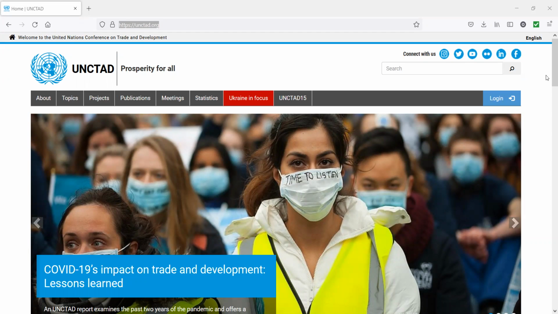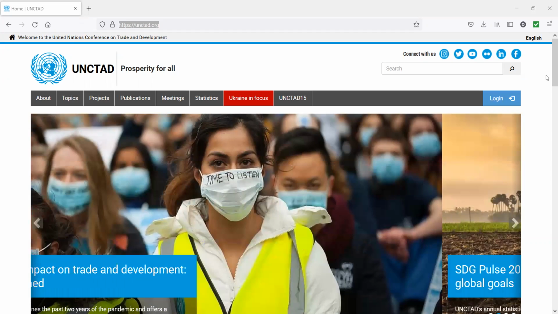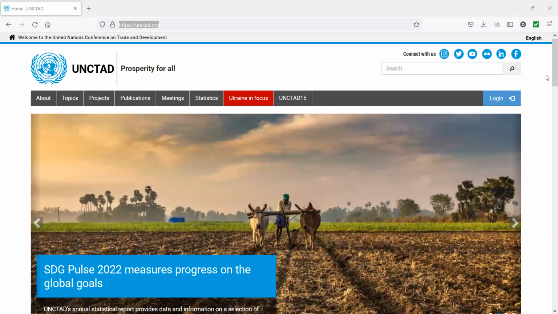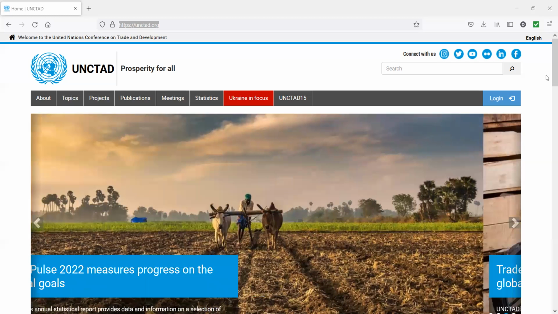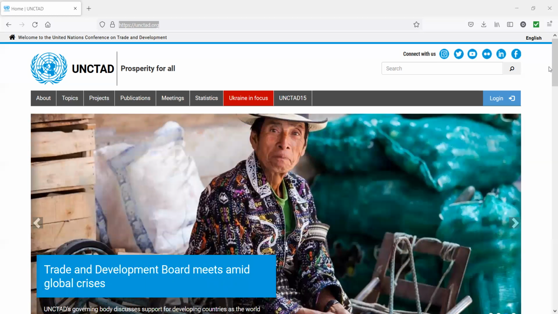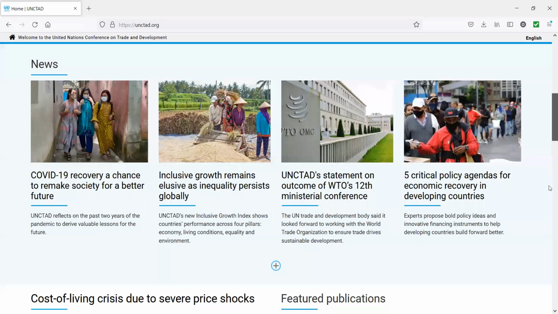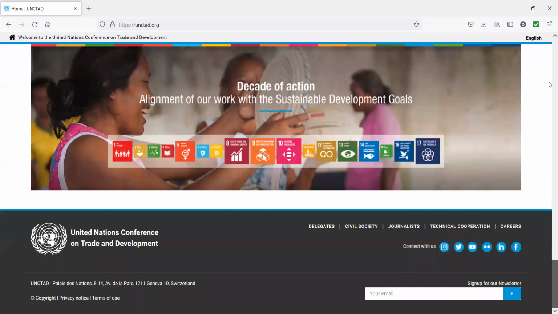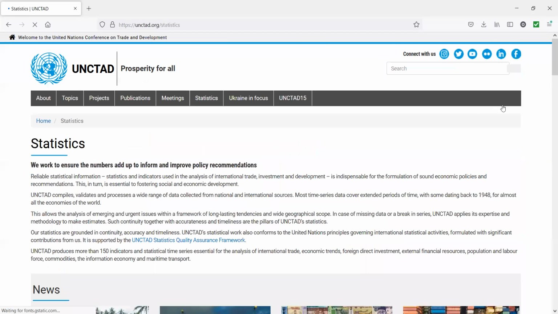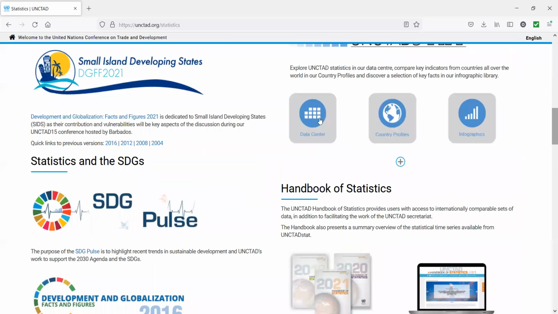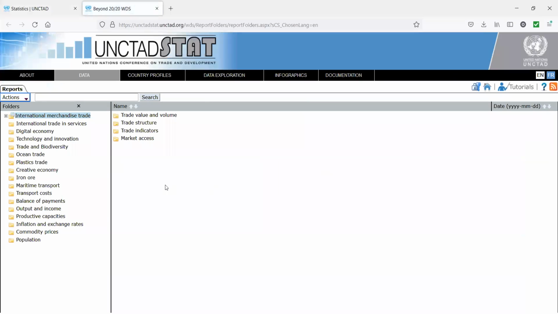That depends on how and when each government institution publishes data about the balance of payments. So for UNCTAD, we go to statistics, and then we look at data center, and you see all the information.